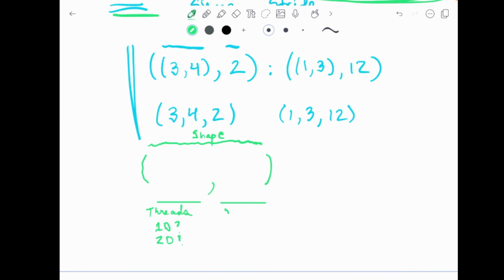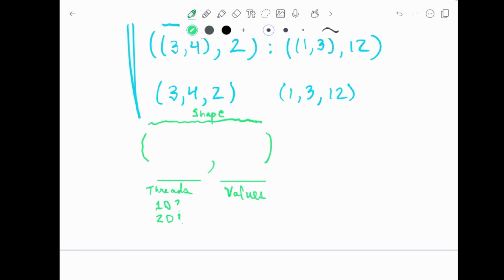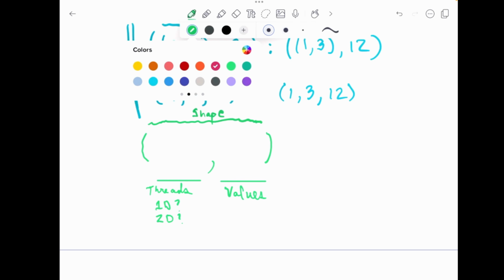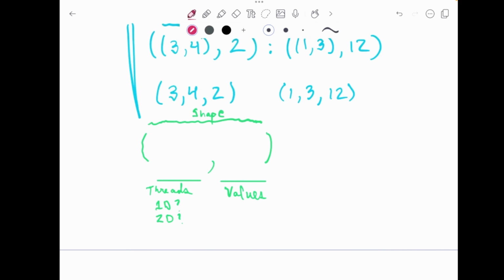And then the second one represents values. It might not make total sense yet why you would want to do this, but we can change the thread and the value independently. Suppose I have thread 0. Thread 0 is going to be responsible for a range of values.